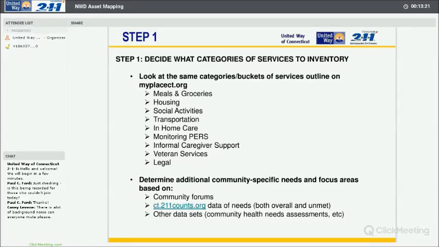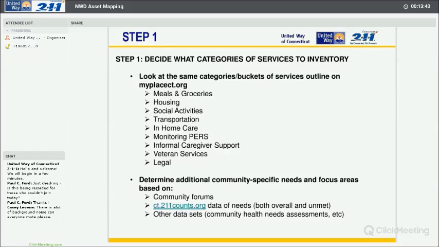And then above and beyond that, you could determine additional community-specific needs or focus areas that complement or are in addition to those initial categories. You could determine those based on a few different methods.